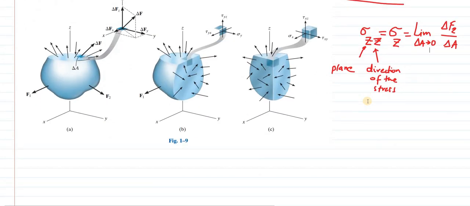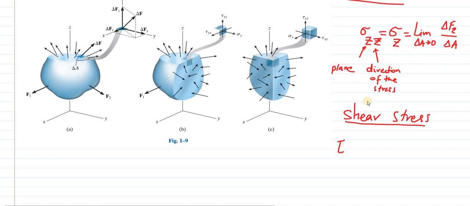Similarly, we can also define shear stress. We represent shear stress by tau, and let me talk about two subscripts over here. The first subscript stands for the plane on which it is acting.